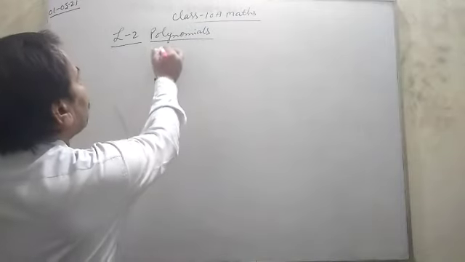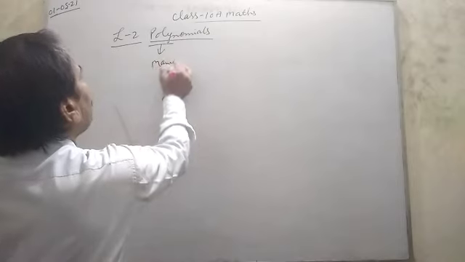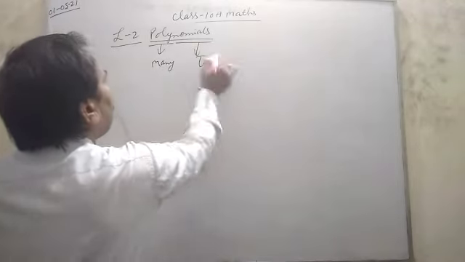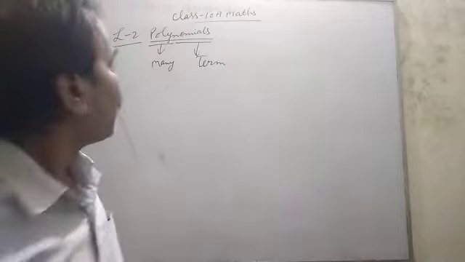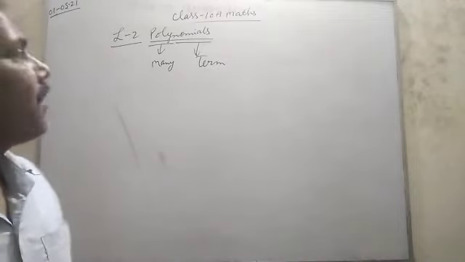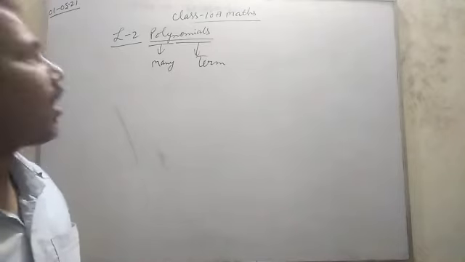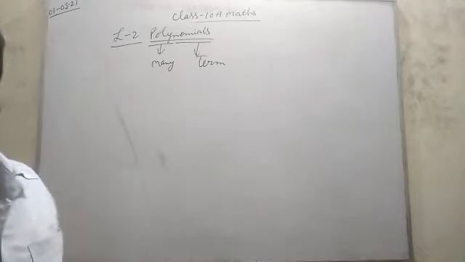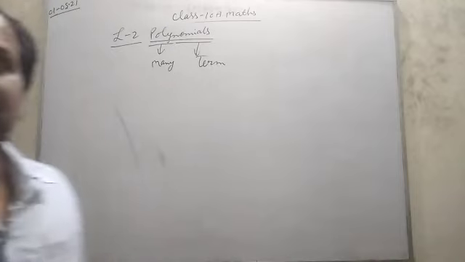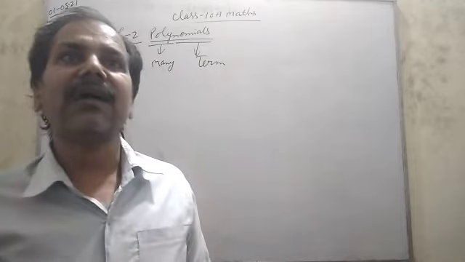What is a polynomial? Poly means many and nomial means terms. It means an algebraic expression having more terms is called a polynomial, with some conditions. The powers of the variable should be whole numbers, not negative or fraction.